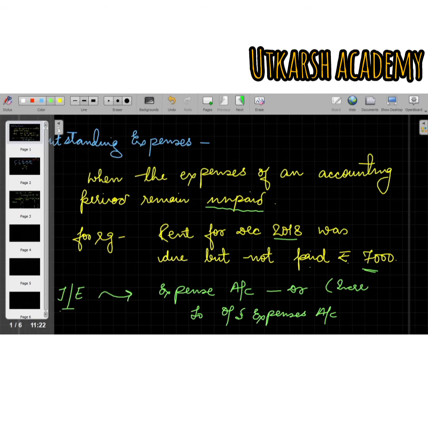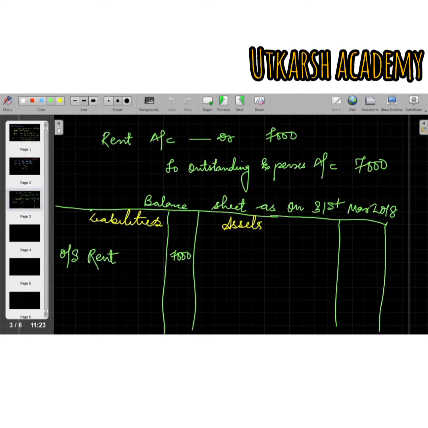And outstanding expenses is increasing as a liability, so we show it on the credit side. And one more thing I have to say is that the outstanding expenses will be shown on the liability side of the balance sheet. So this was all about the outstanding expenses.